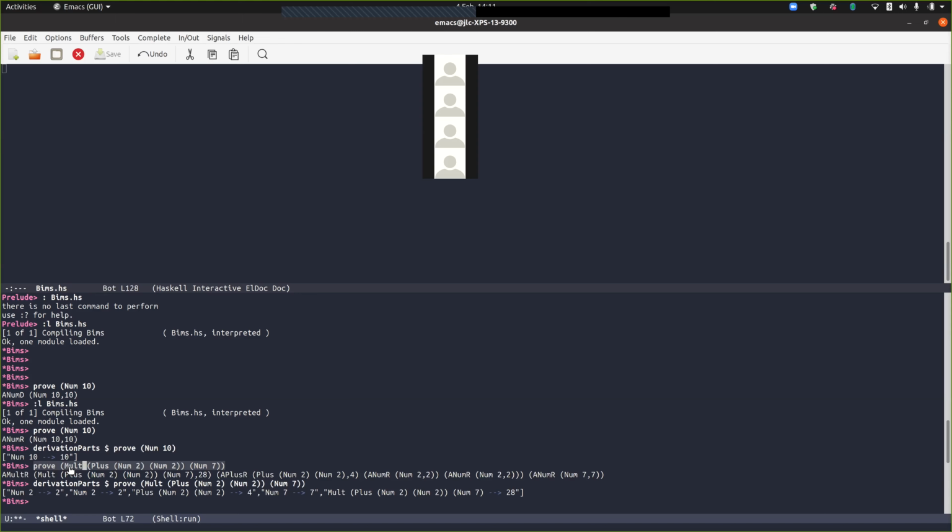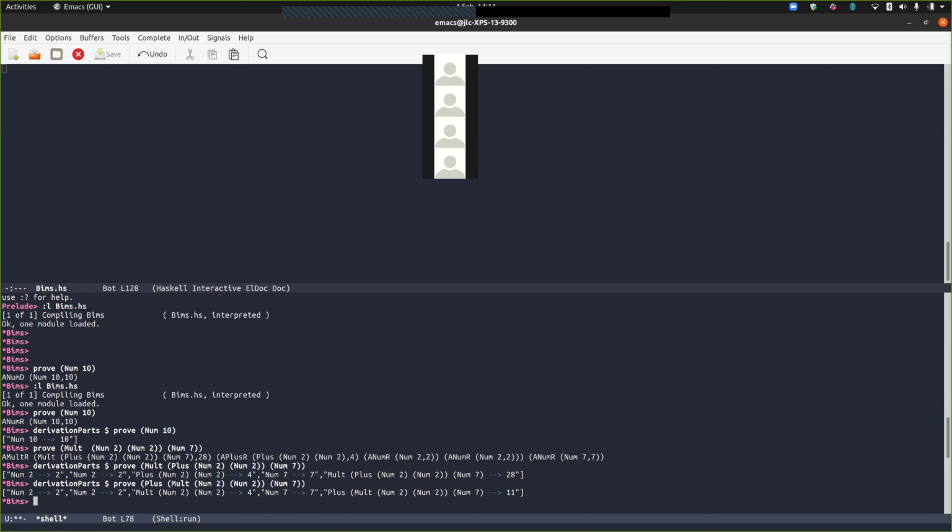It was plus 2 times 2, so this should be the mult. Okay. I should switch mult and plus there. Okay, so now I get plus mult 2 num7 evaluates to 11.